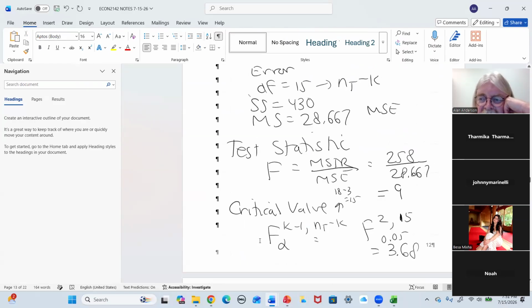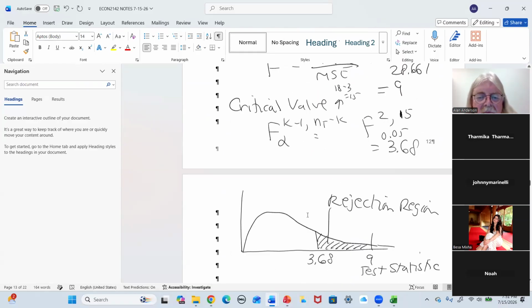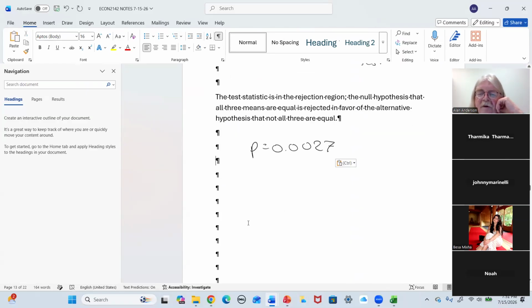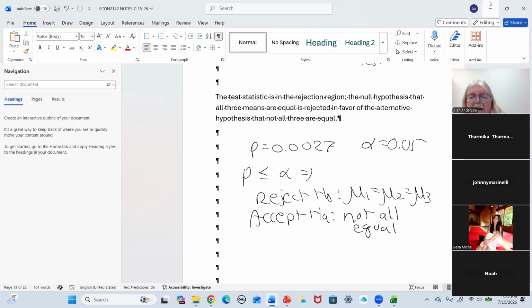Now the p-value will tell us the same thing, of course. Alpha was 0.05. So we reject the null, that the three means are equal, and accept the alternative that they're not all equal. Okay.